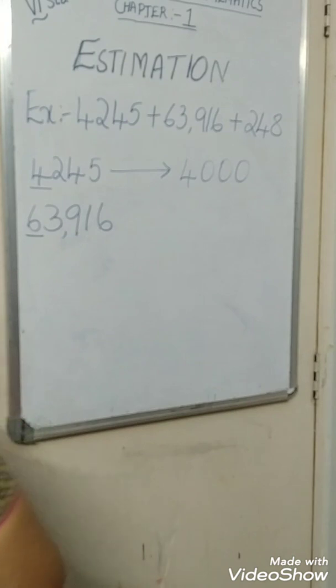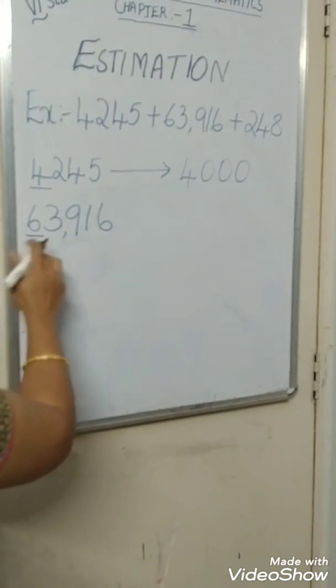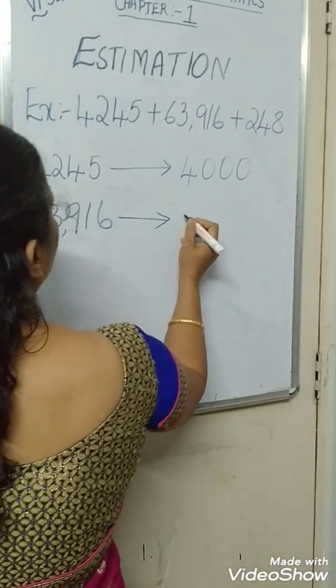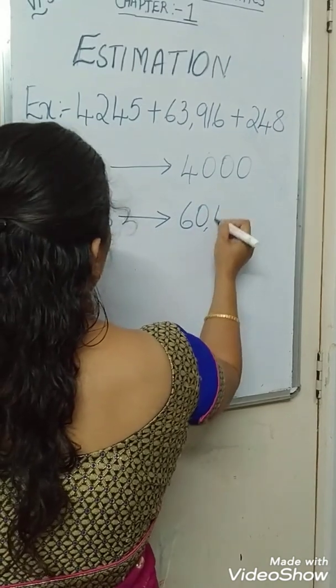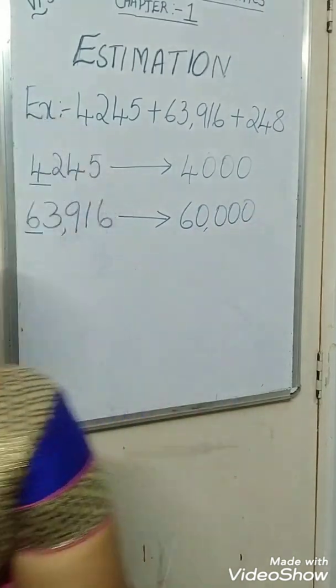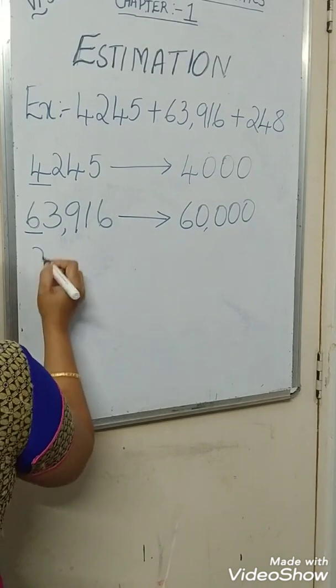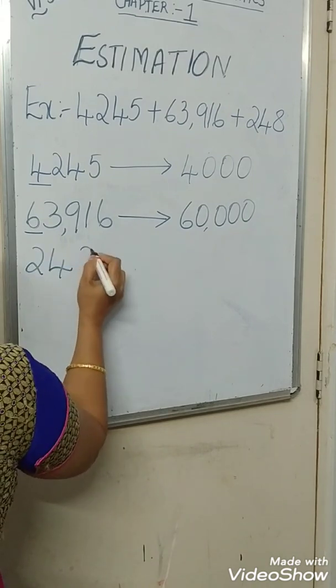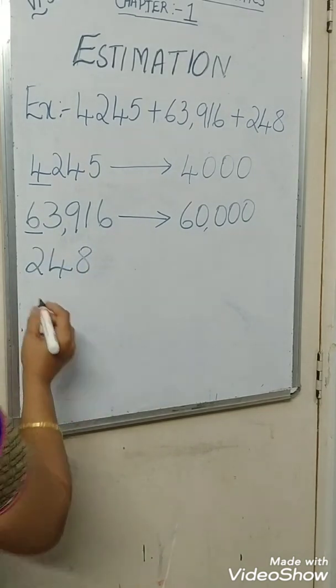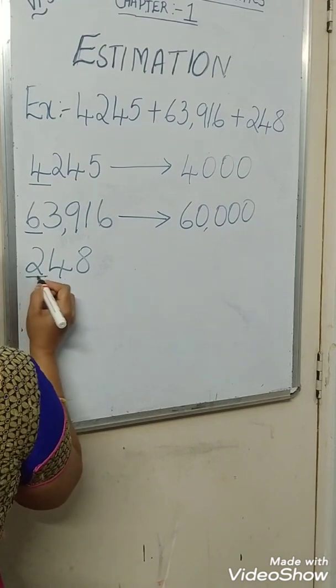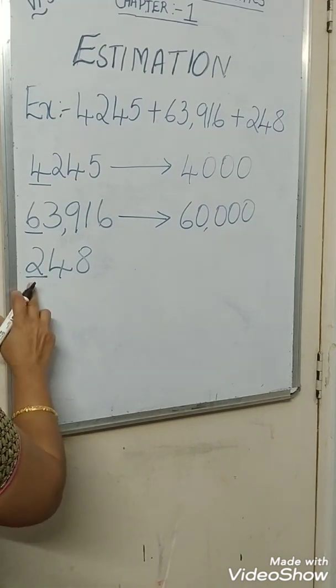Here, when we estimate this to the greatest place value, we get the number as 60,000. Now look at the next number, 248. Here, the greatest place value is 2.